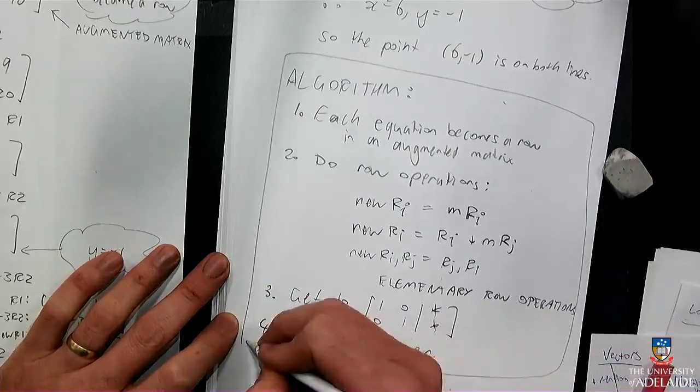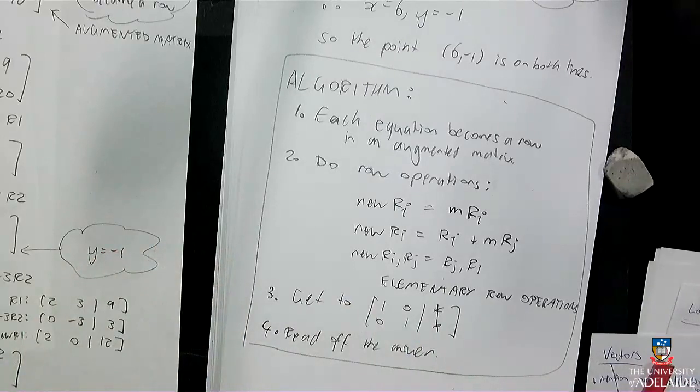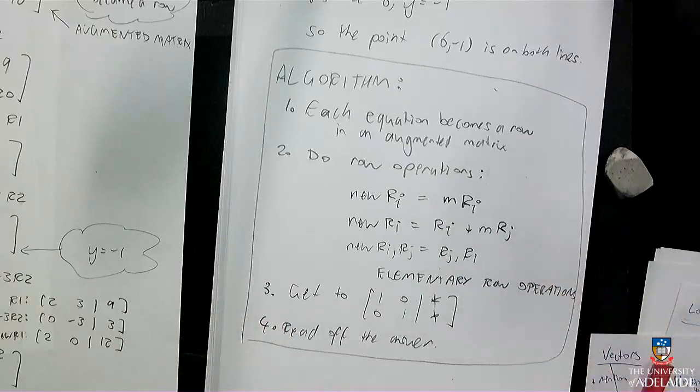So that's the algorithm we just did. It doesn't really matter what row operations you do, as long as they're only elementary row operations. You can do them in whatever order you like. I find it productive to create one column of this at a time. That's what I like to do. And I find it productive to make the 1 and then make the zeros. So just some advice.